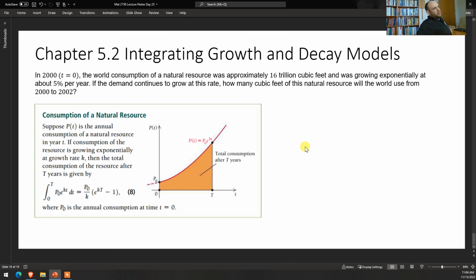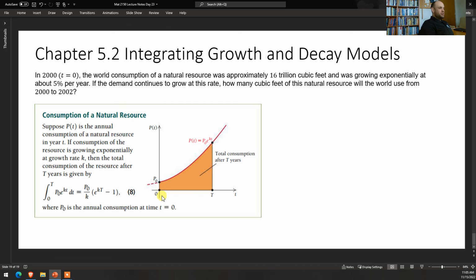Next, we're going to consider the growth and decay models where we have the consumption of a natural resource. What we would like to find is how many cubic feet of this natural resource the world will use from 2000 to 2002, assuming that the year 2000 is time t equals 0, and the consumption of the natural resource will grow exponentially at a rate of 5% per year.